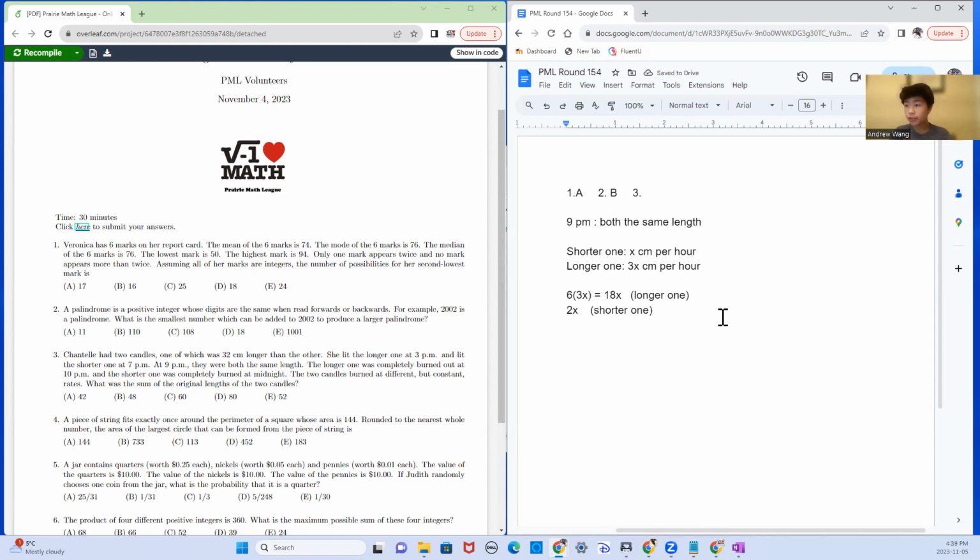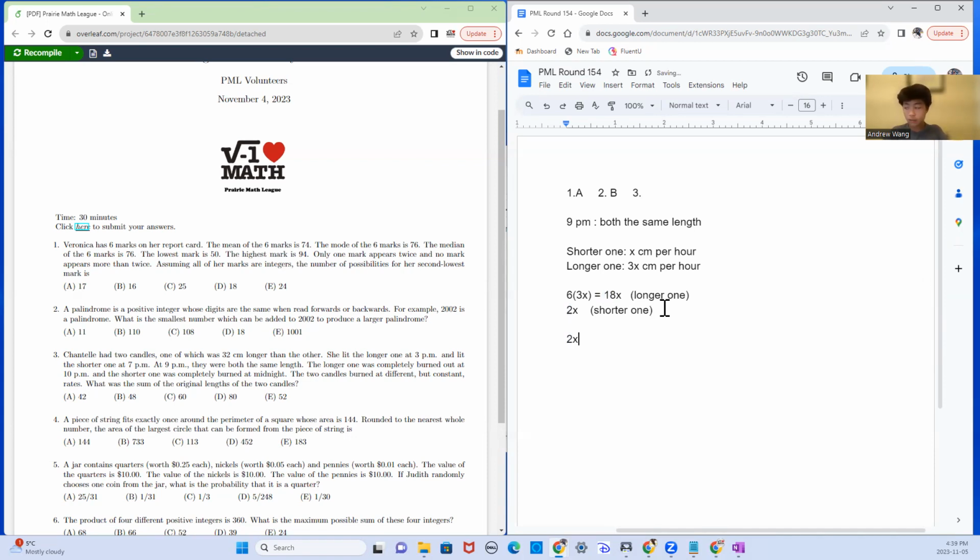The longer candle, when it started out, was 32 centimeters longer than the other. So 2x is how long this candle was, and it's also how much it burned off. That means these two values were how long the candles originally were.